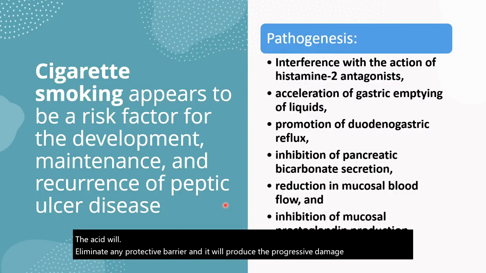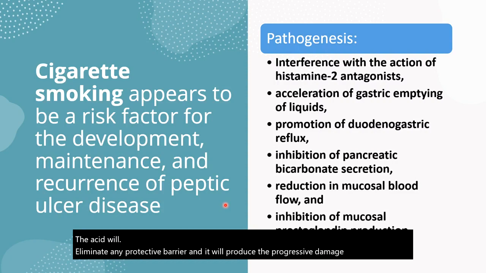So, why could smoking be a factor in the maintenance, the development, and also the recurrence of peptic ulcer disease? Mainly because it will inhibit the bicarbonate secretion of the pancreas.